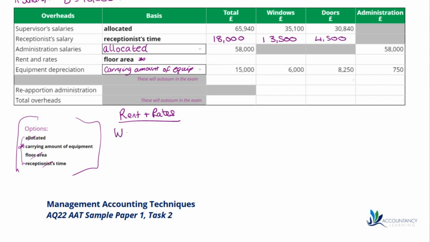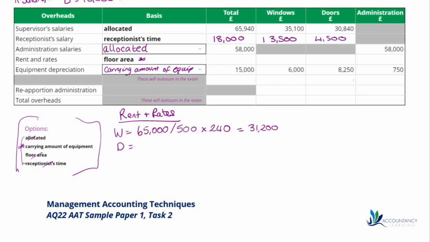So for windows, we would do 65,000, which is the total of the rent and rates, divide it by the total square meters that are available, and then multiply it by the 240 square meters that Windows takes up. Therefore, their share of the rent and rates will be 31,200.